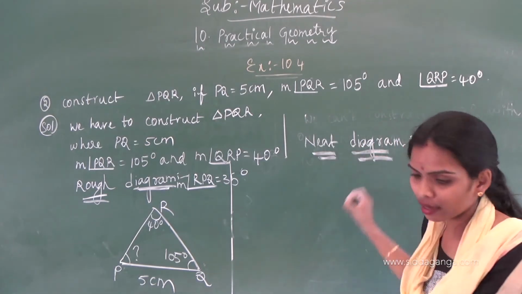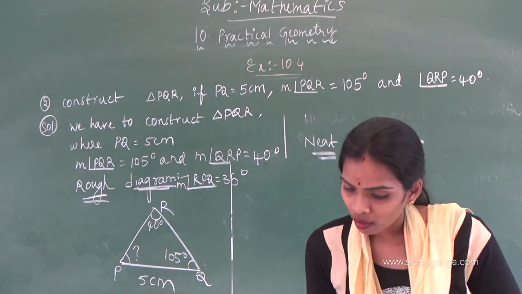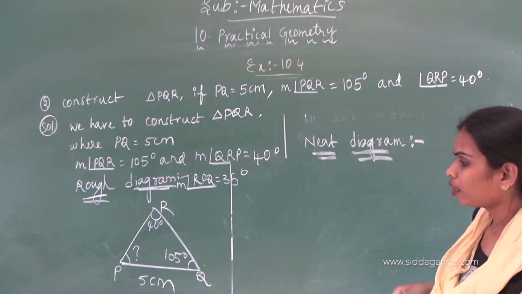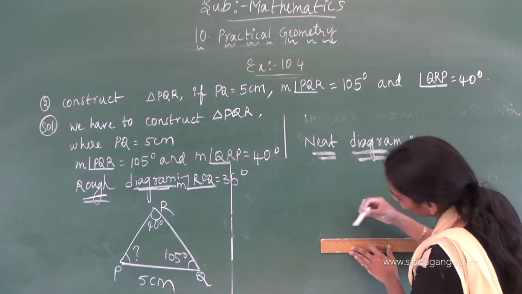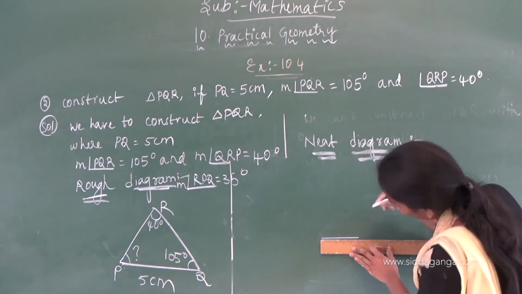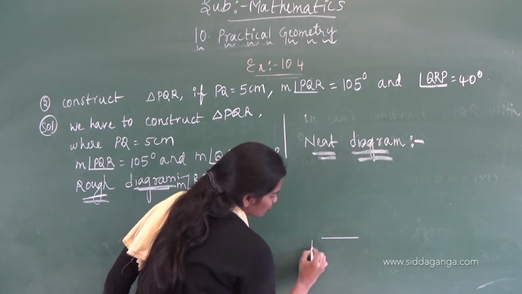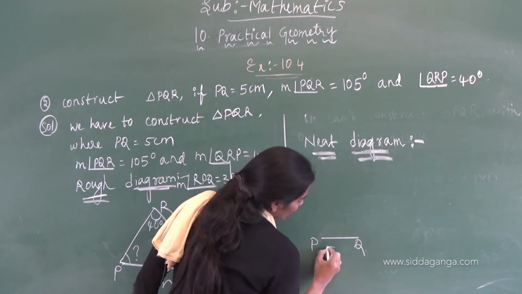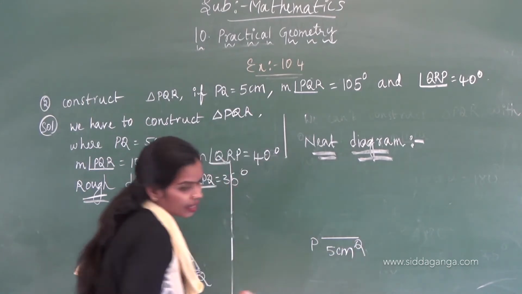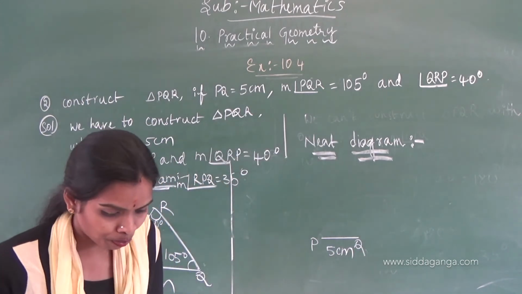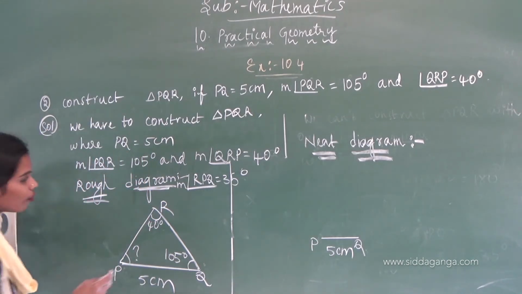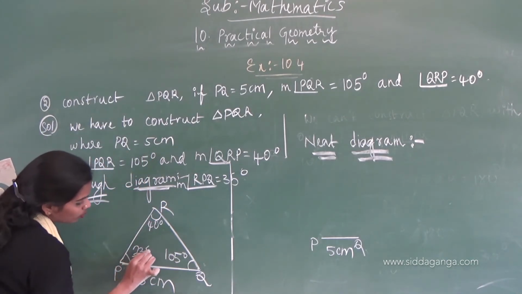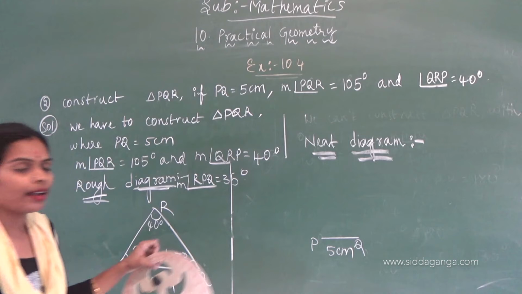Neat diagram. Just PQ. What is the base? The line segment PQ is 5 centimeters. And this one we know now, that is 35 degrees.